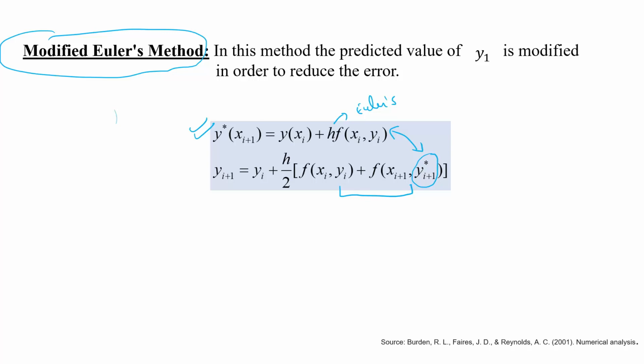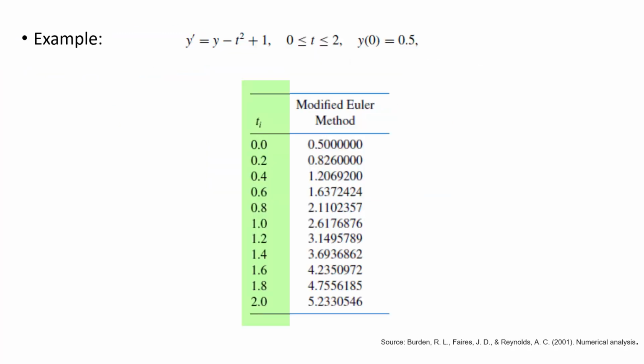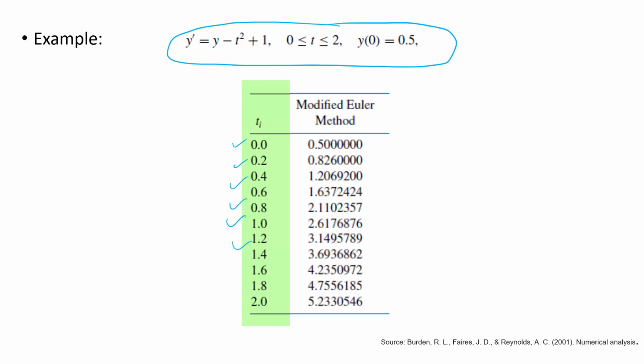So this is much closer to the actual value. What we are doing is taking the average of the two slopes. So this is the modified Euler's method. Again, if you solve the same question by the modified Euler's method, you will get the solutions like this.